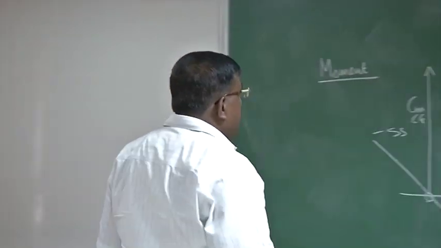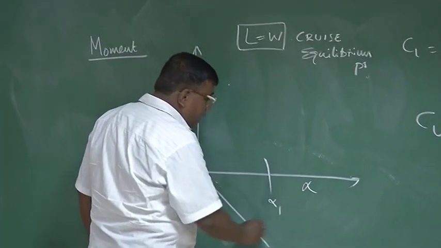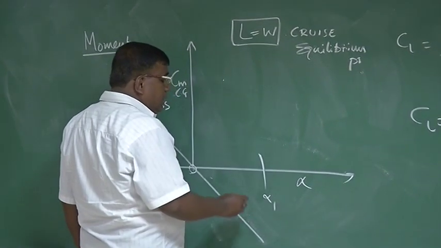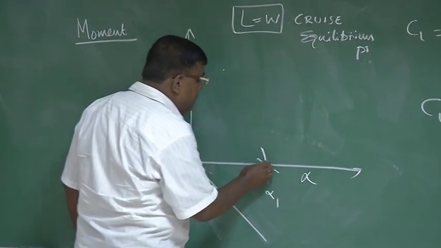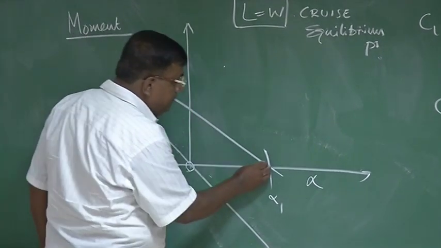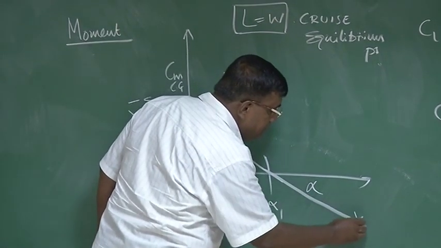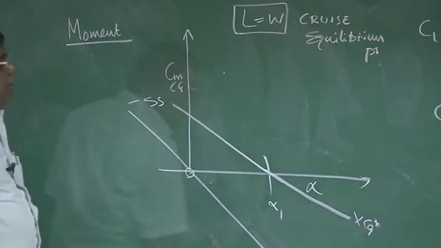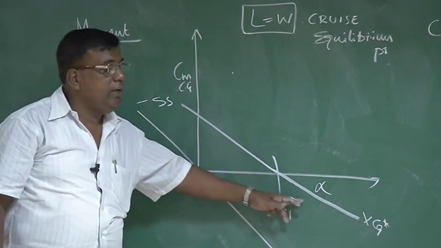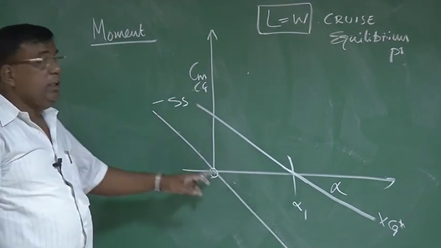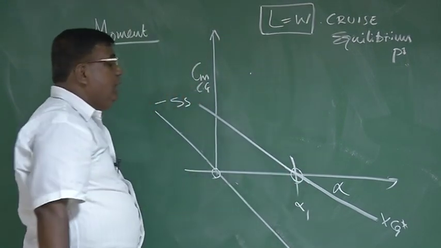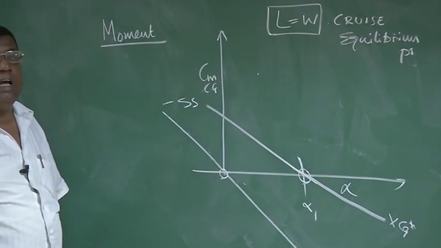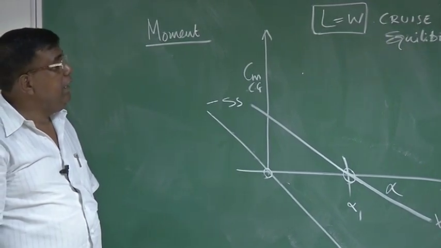And at this alpha, if I want it to be statically stable, then the slope here should be negative. If my airplane has this sort of a Cm versus alpha rather than this, then I can get a positive angle where I can fly with the appropriate speed to maintain lift equal to weight.